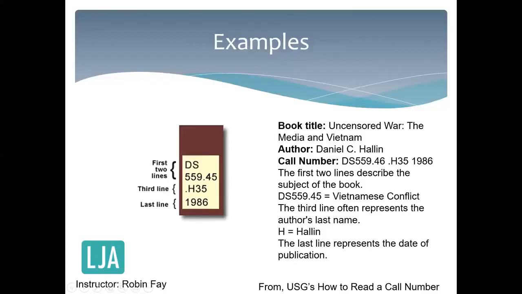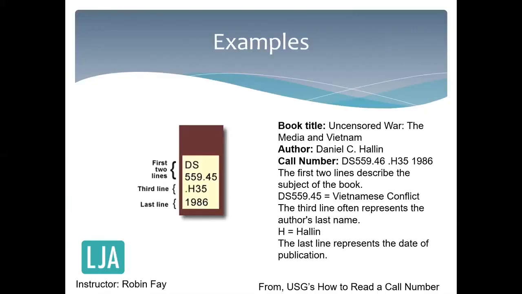So this is what a typical book spine label might look like. DS559.46 is for the Vietnamese conflict. So that's how that works, and now you can look at that and start reverse engineering it using your cutter tables. In fact, this is a really good exercise to do.